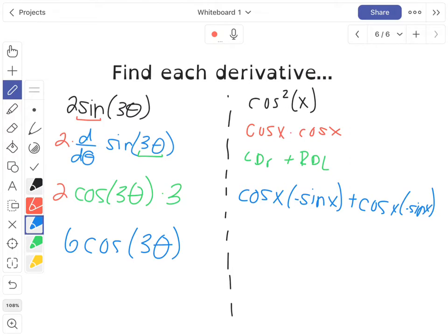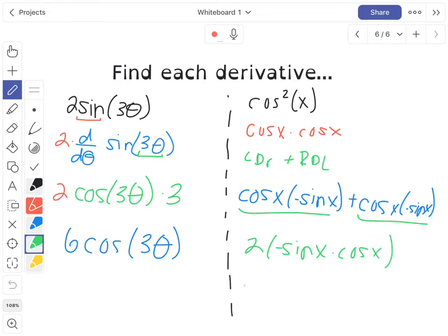We are just going to do a little clarification here. Excuse me, the negatives don't cancel out. We just have 2 of these terms. So we have 2 of negative sine of x times cosine of x.